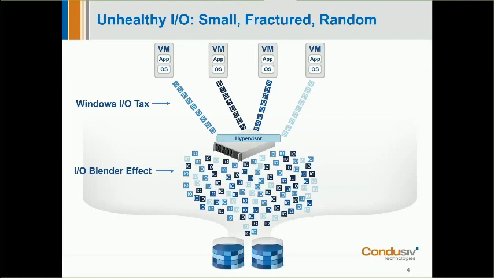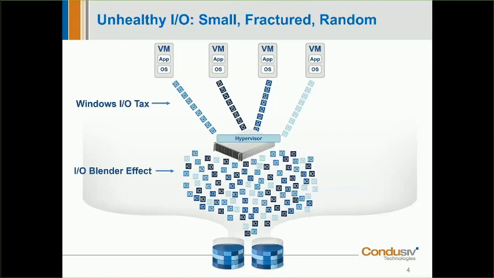Now, in a virtualized environment, this performance penalty can be amplified by something called the I/O blender effect. What's happening here is that you have small, fractured I/O packets coming from the virtual machines, and as they pass through the hypervisor, which could be VMware ESX or ESXi or a Hyper-V host or KVM running on Red Hat, the hypervisor mixes these I/O streams together, causing a randomization effect.